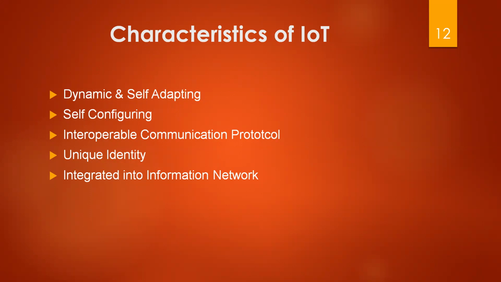And the last point is integrated into information network. IoT devices are usually integrated into the information network that allows them to communicate and exchange data with other devices and systems.